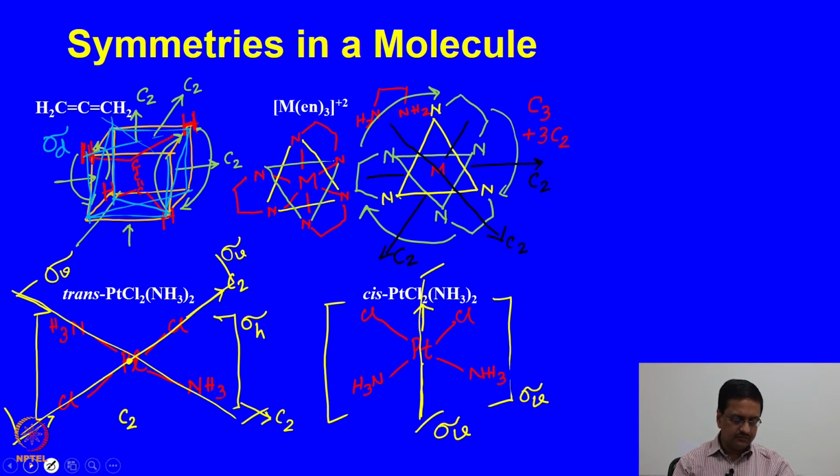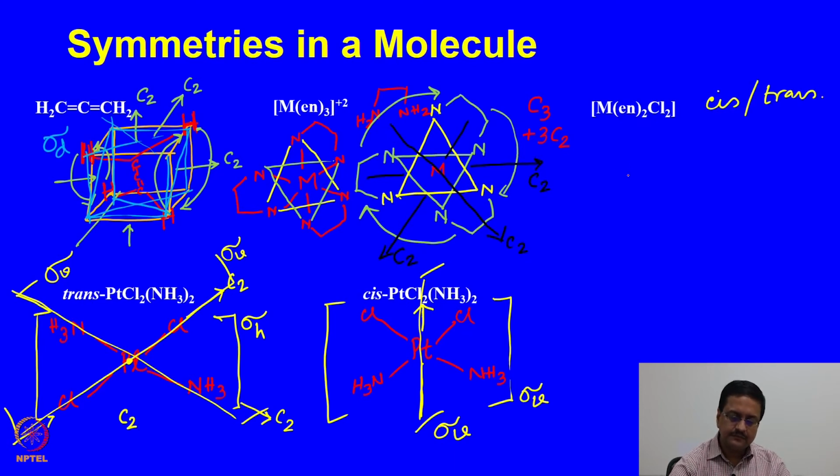So, when we try to draw these symmetry elements, let us finish with one more molecule which is M(en)2Cl2. As you know, this can have two different configurations. It can be cis or trans.